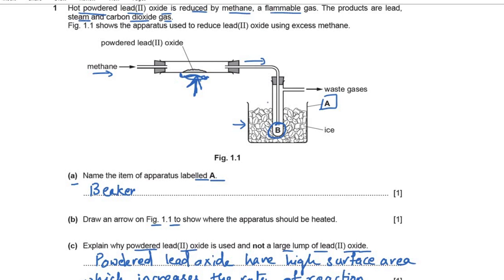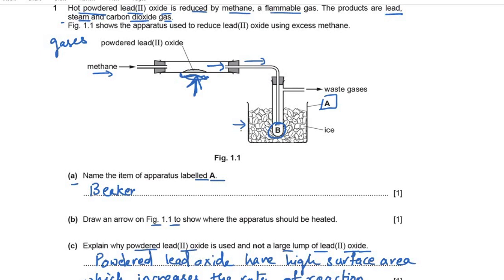Now if something is passing in the tube, let's understand what is being passed. The products are lead, steam and carbon dioxide. Now lead is solid, so it's not going to pass from the tube here to the other tube. So what is going to pass are the gases formed as a product. So the steam and carbon dioxide gas passes off.